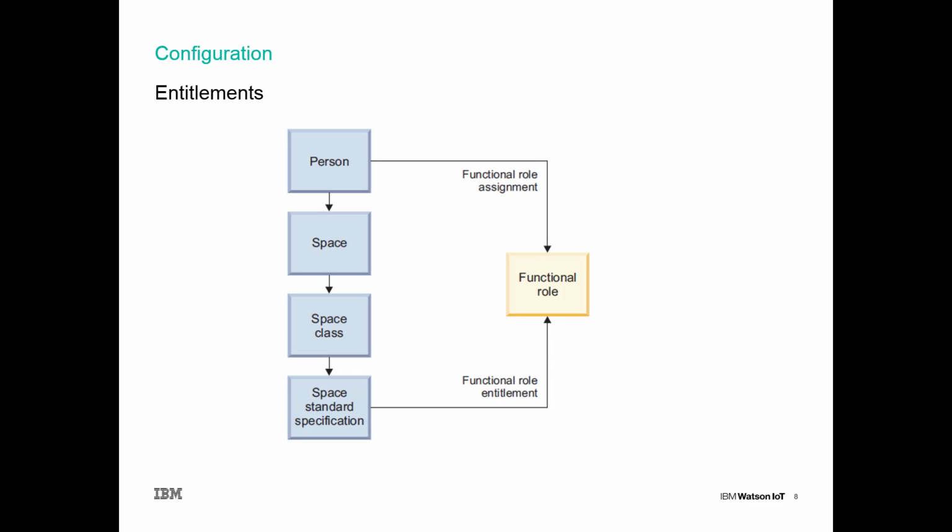And then finally, we have just a quick refresher on entitlements, which we talked about. Entitlements include some more detailed configuration, and involve the person record, the space that the person is looking to move into, the space class associated with that location, and a space standard specification.